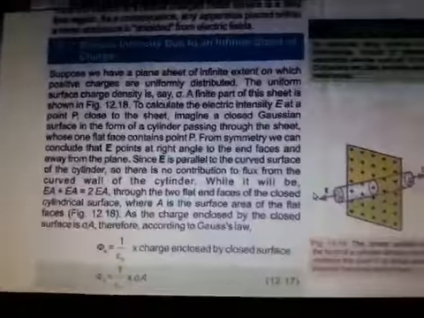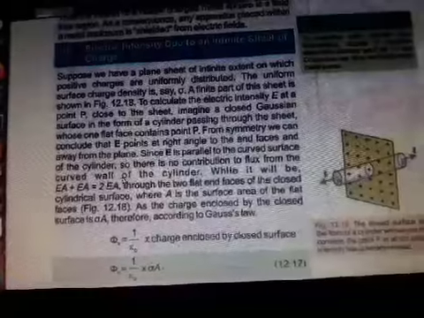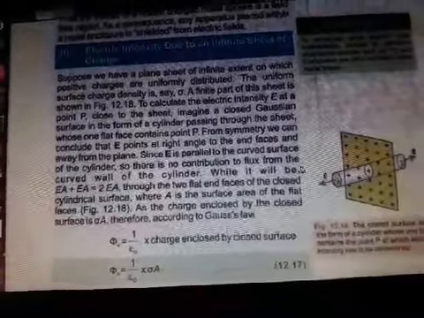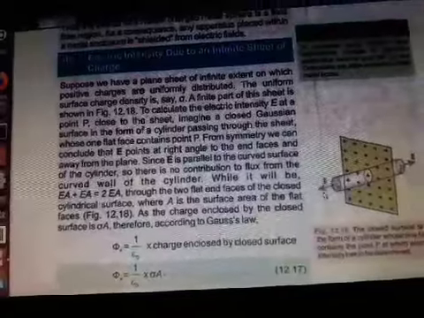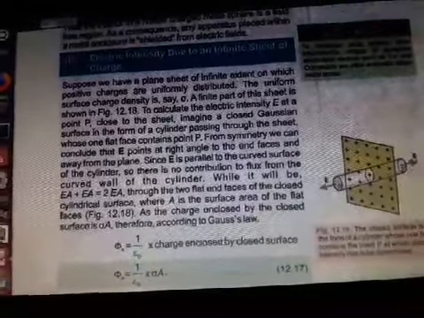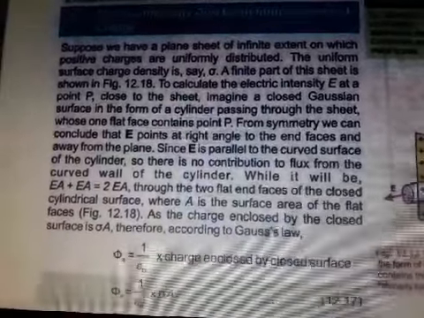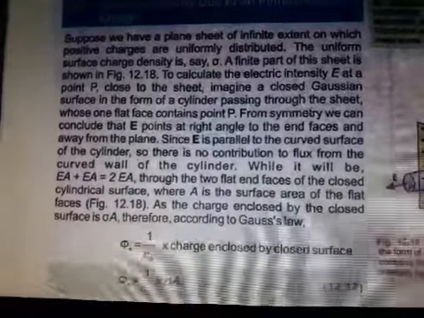So the total flux through these two surfaces will be 2EA, as one EA from this side and the other EA from the other side as shown in the figure. So total flux through this Gaussian surface is 2EA.